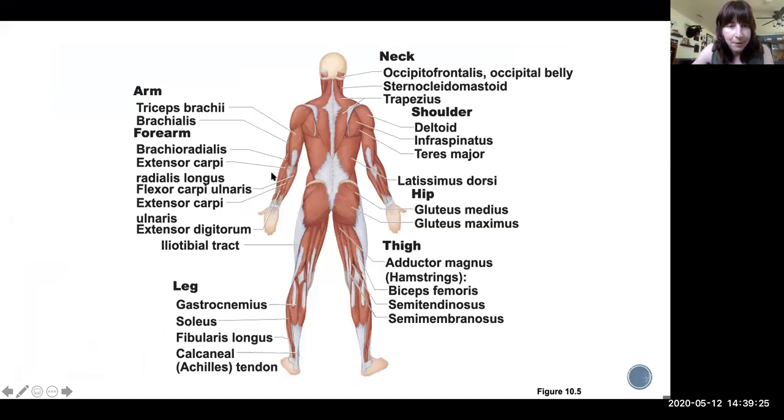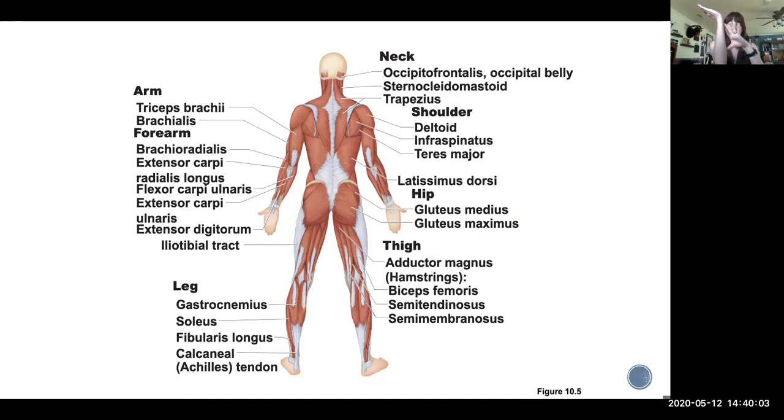On the back side, again, you can see a little bit of the brachioradialis. Now, instead of having a flexor carpi, on the back side, we have an extensor carpi, right? Which makes sense. So you have a muscle on the front, the flexor carpi radialis, which, when it contracts, is going to shorten and flex the wrist, right? And on the back side, you have an extensor carpi radialis that, when it shortens, is going to extend the wrist, okay?